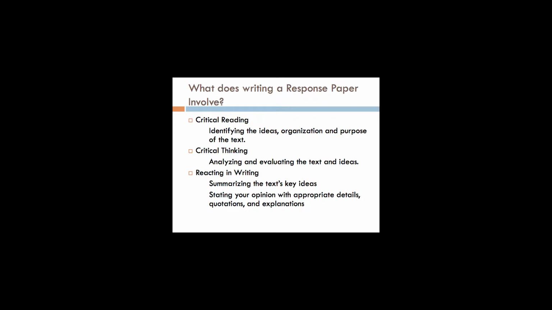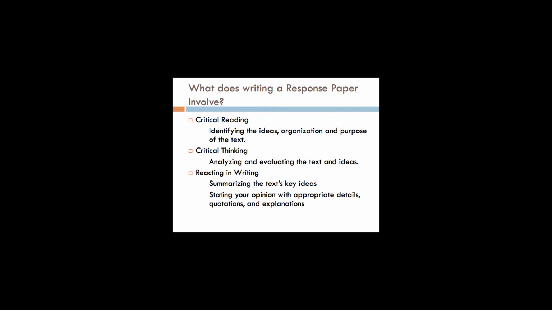So what all is involved in writing a response paper? Well, you need to use critical reading skills. You have to identify the ideas, you need to identify the organization, and you have to figure out the purpose of the text. In terms of critical thinking, you're going to now begin to analyze and to evaluate the ideas and the text.